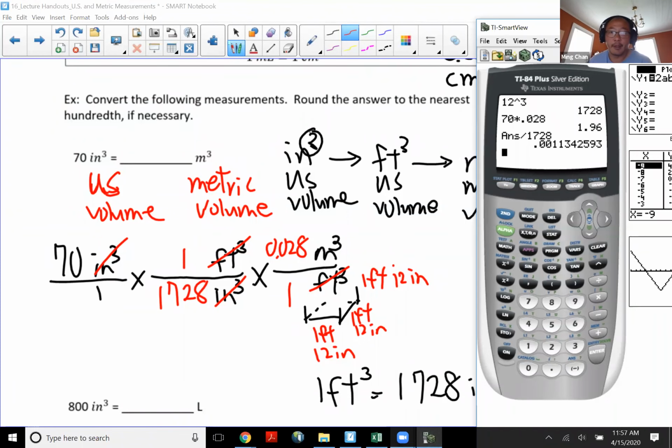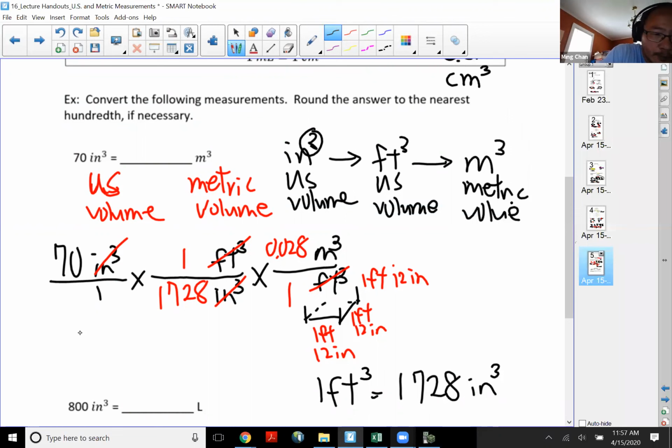Okay, we got to round a little bit more than 100. So this is going to be 0.001 cubic meter. There we go.